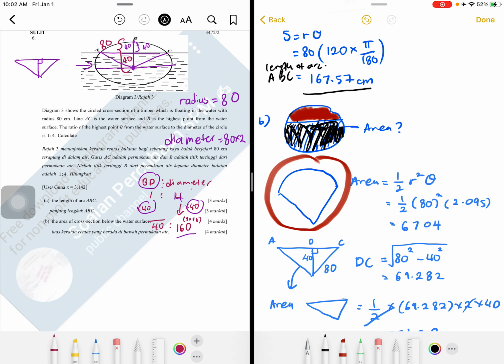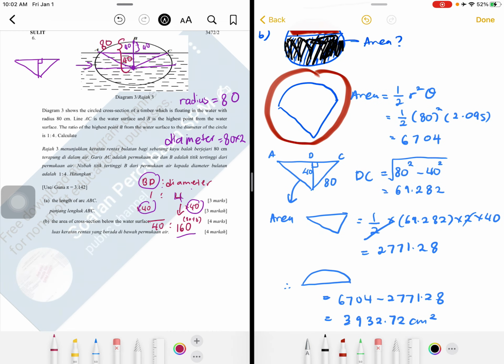Okay, kalau dalam skema dia cari area of the segment. Okay, tapi it's up to you. It's your choice. So this is what I did. So I cari dulu area untuk the sector. So masukkan dalam formula. So kemudian I cari area untuk the triangle.